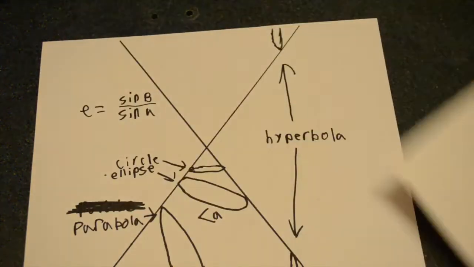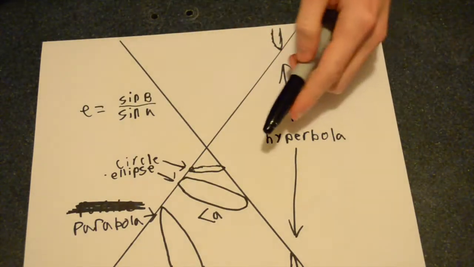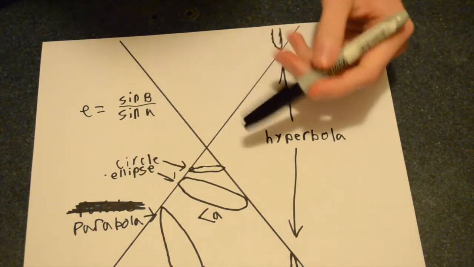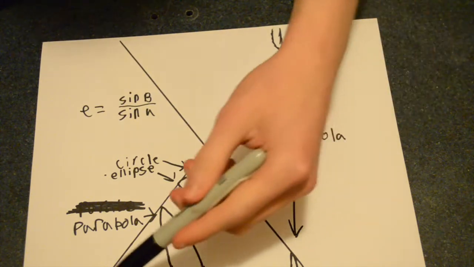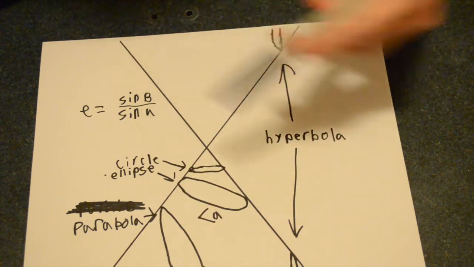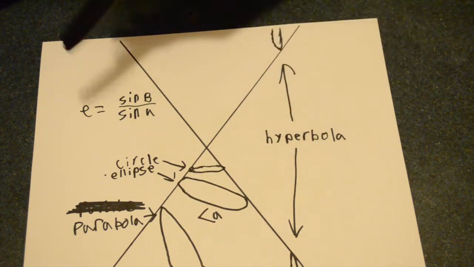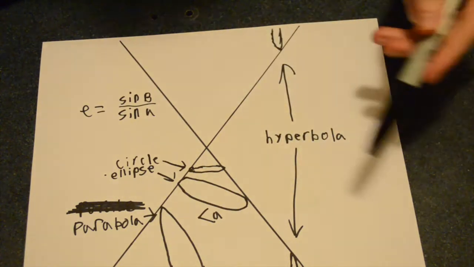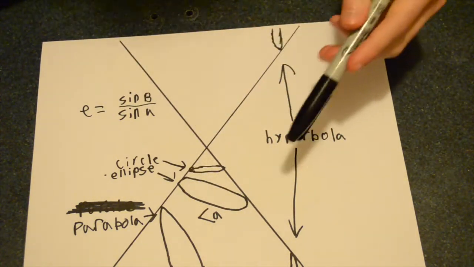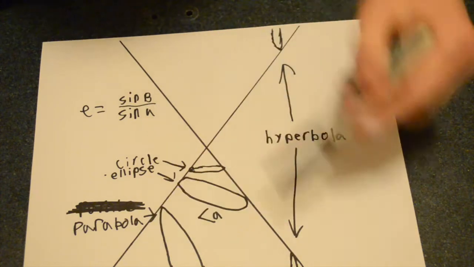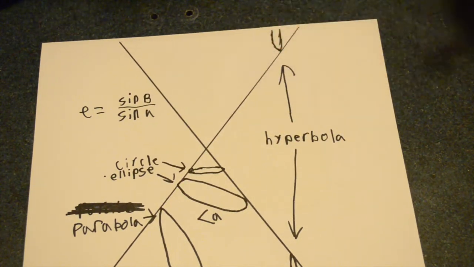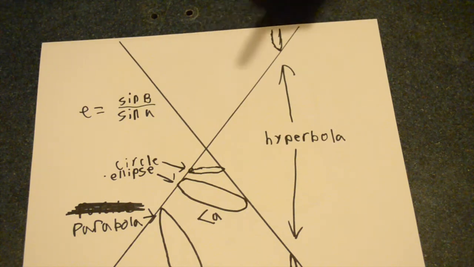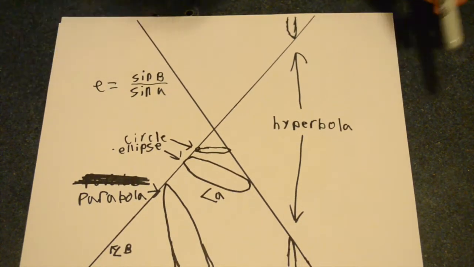Now other types of orbits: all orbits are conic sections. A conic section is just the slice that a plane takes out of two cones together like this. So if this is one cone, the slice out is the conic section.